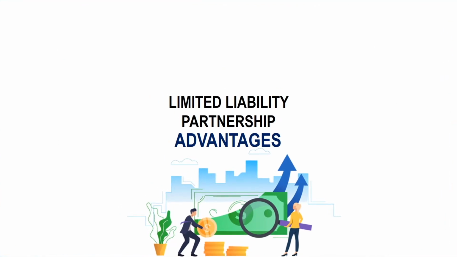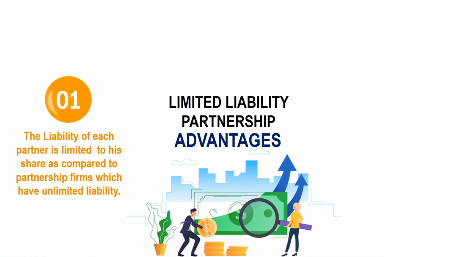Now, let us talk of the advantages of LLP. The liability of each partner is limited to his share, as compared to partnership firms which have unlimited liability. It has low cost of formation and it is easy to form.